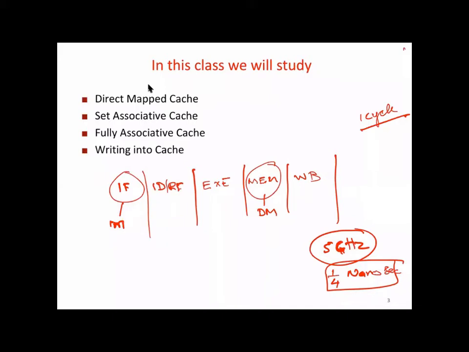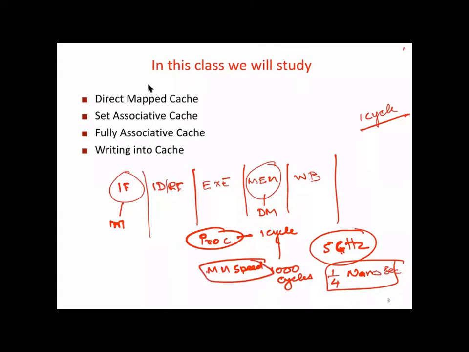And you have seen processor speed versus main memory speed. If this is one cycle, this will be approximately 1,000 cycles for a simple one data item to read. And this gap is huge, and hence we put a cache in between.